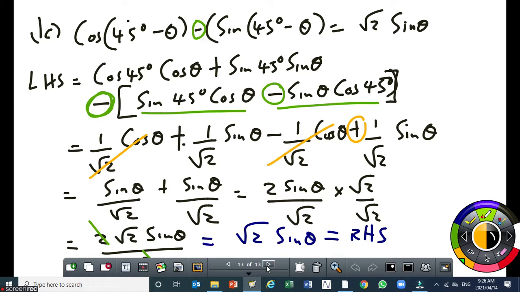Right, 1C. Cosine of 45 degrees minus theta minus sine 45 degrees minus theta is equal to square root of 2 times sine theta. Now this is a proof. You can see that the right-hand side is simplified, so you have to simplify the left-hand side.